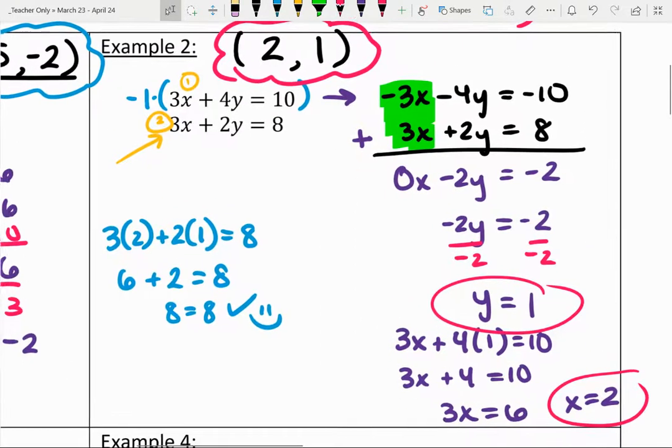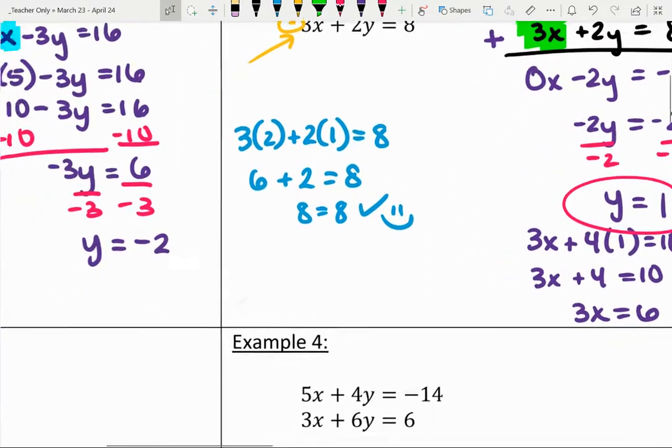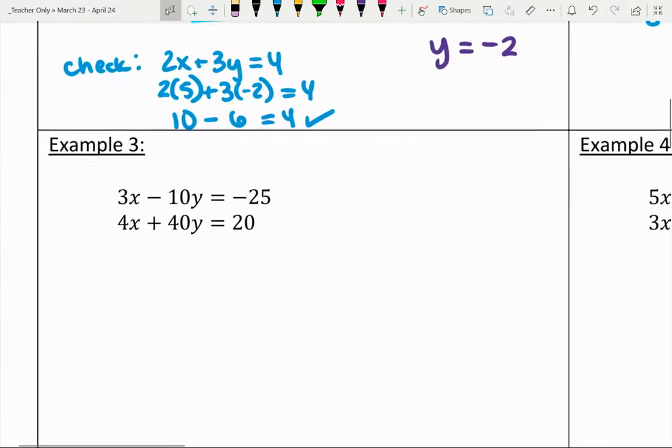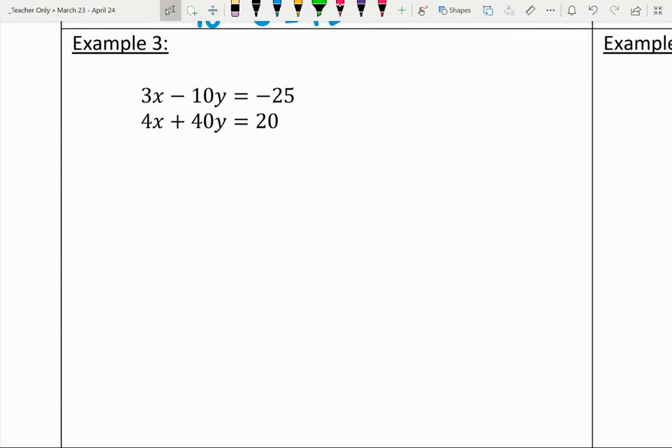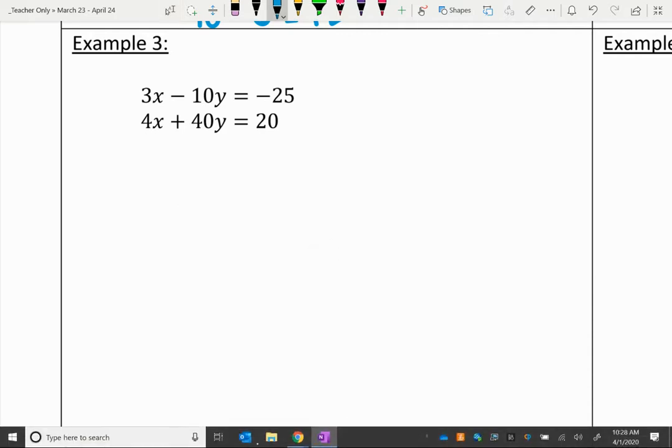Wonderful. So we can multiply by a -1 to create a negative that we're looking for, but we can also multiply by other numbers as well. So looking at example 3, 3x minus 10y equals -25, and 4x plus 40y equals 20. The 3 and the 4, those aren't going to match up together to cancel out, even if we make one of them negative.